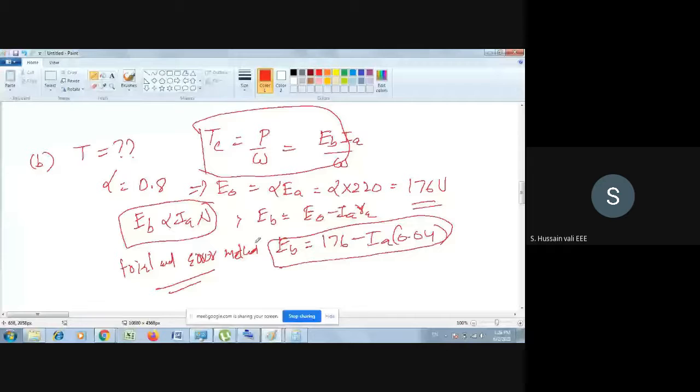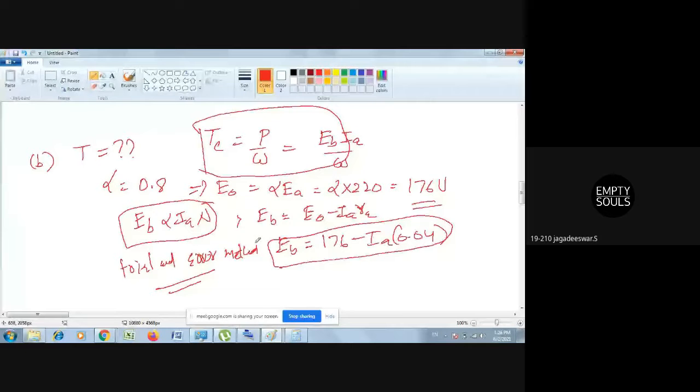Is it possible? Yes, we have two equations and two unknowns, EB and IA.